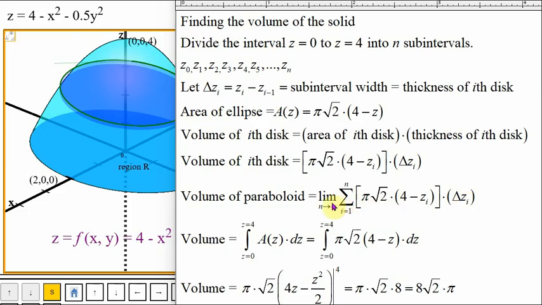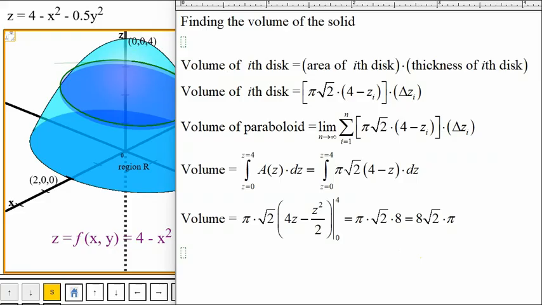Once again, if this limit exists, we define it as the integral from z equal to 0 up to z equal to 4 of pi times the square root of 2 times 4 minus z, dz. Evaluating, we get 4z minus z squared over 2.